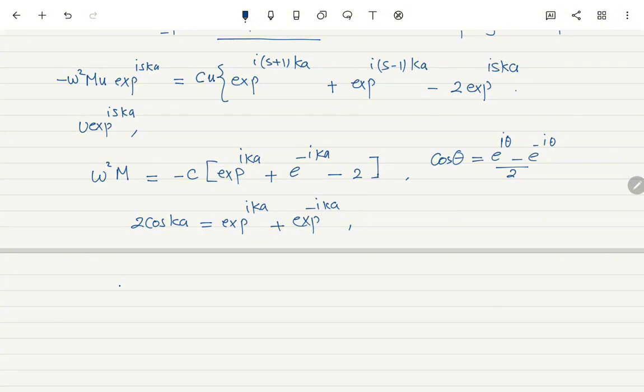Therefore, the dispersion relation is omega squared equal to 2C over M times 1 minus cosine ka. And this is called the dispersion relation.